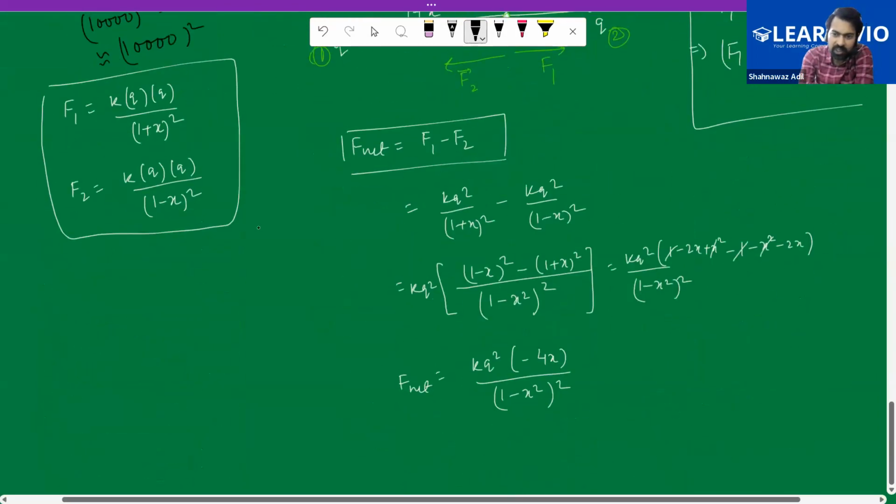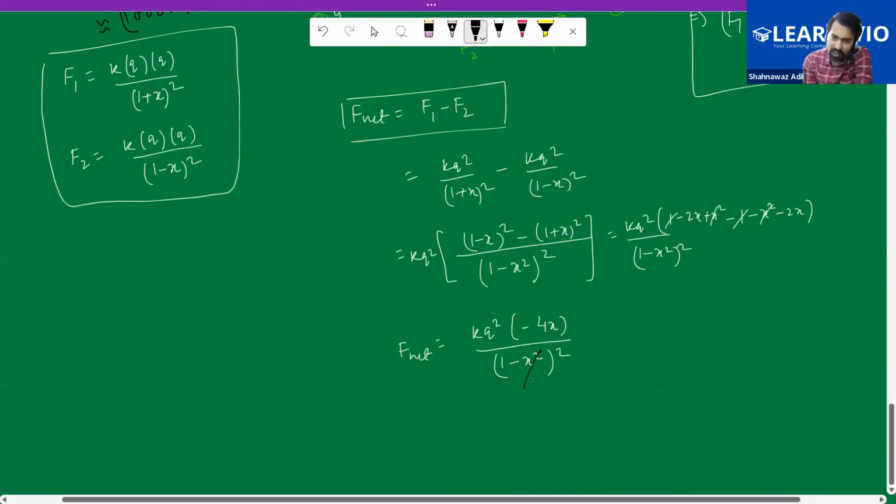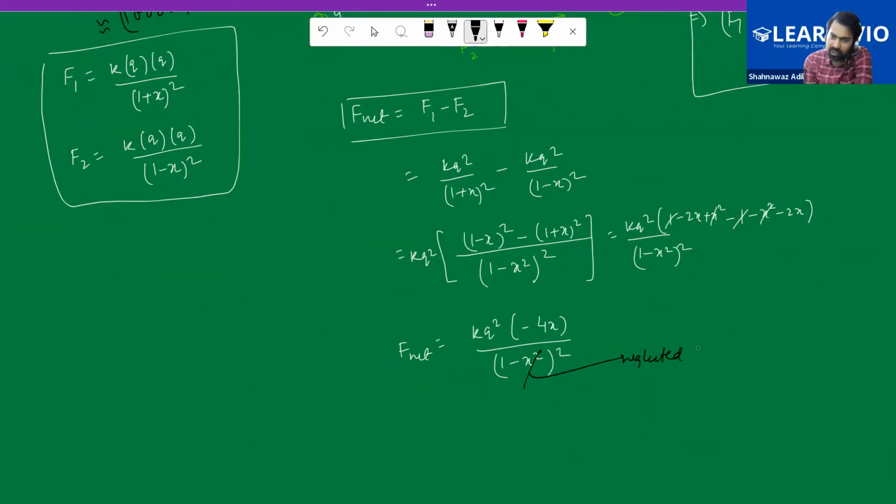So what can we do in here? We can neglect this thing, because 1 is very, very large and X is small. Clear?